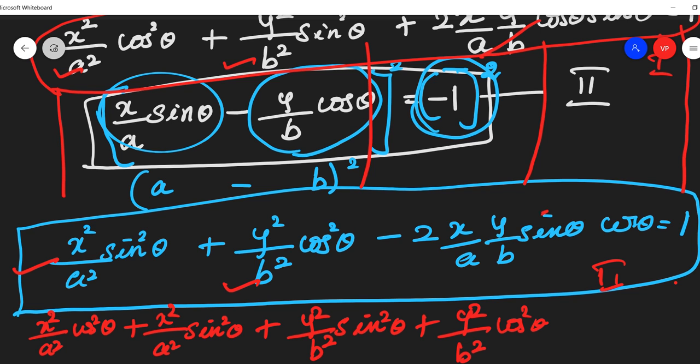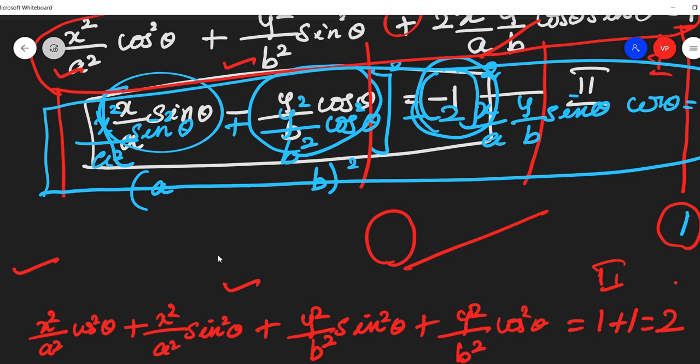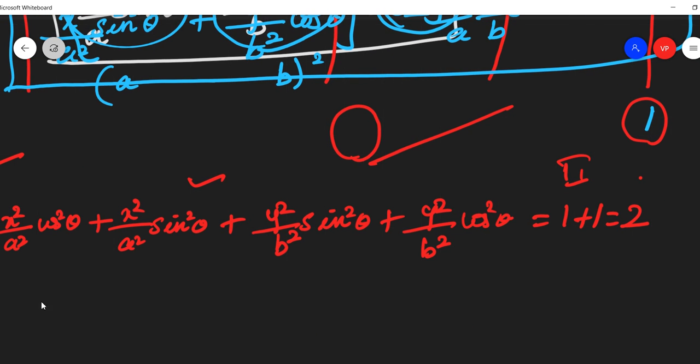These terms cancel because both terms are equal, and here it is minus, this is plus. So it cancels. And here 1 plus 1, that is 2. When you add the right hand side, you have 1 plus 1, we get 2. Okay, what is your next step?